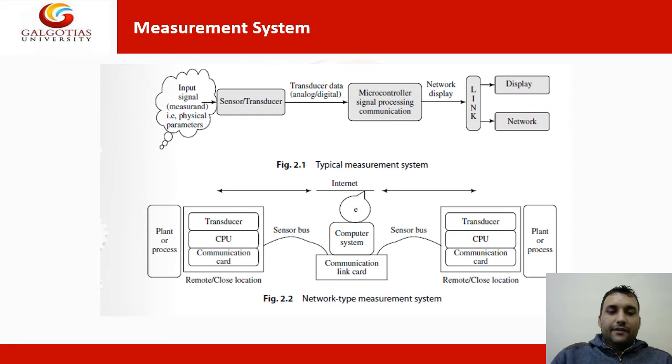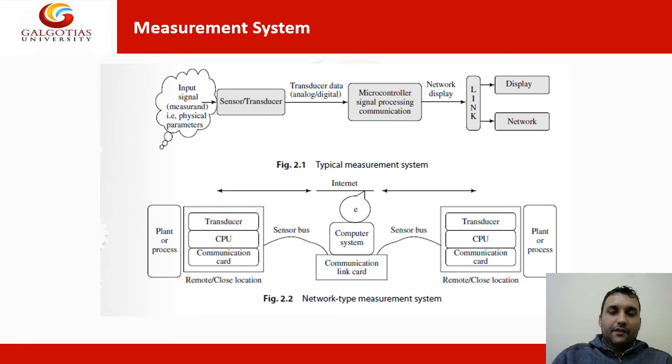This diagram shows the network type measurement system. In this system, there is an input signal, that is the measured value, the physical parameter. Maybe it's length, width, height or voltage. This input signal is fed to the sensor and transducer.